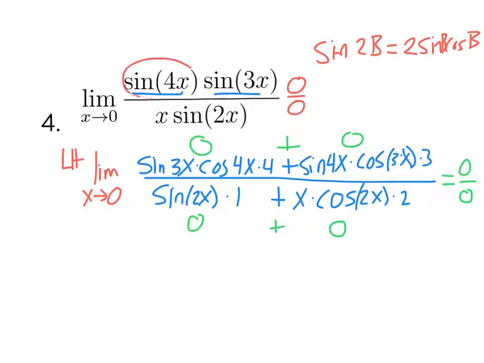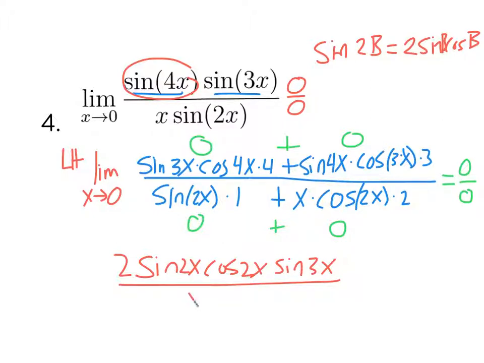So if we've got sine of 4x, that's going to be 2 sine of 2x cosine of 2x if I cut that in half. And the reason that I think this might be interesting is because now I've got stuff that I can cancel out a little bit of. So sine of 2x cancels out on the top and on the bottom.